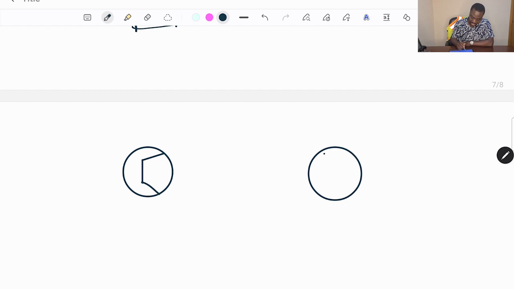I'm trying to indicate the symbol, and then this one too, the symbol will be the same. So I'm just making two symbols. We have these two here, and then let me make the line.